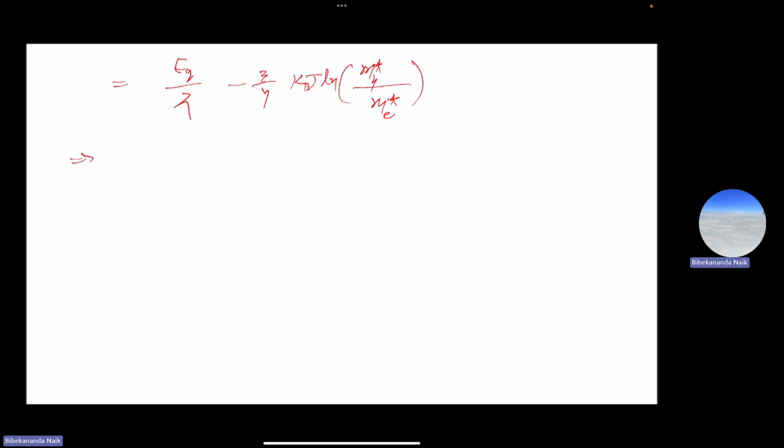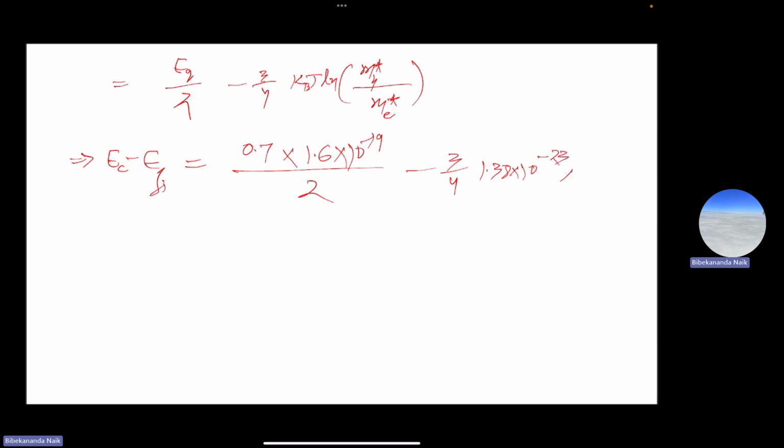So EC minus EFI will be 0.7 electron volt. If you convert it to joule, it will be 1.6 into 10 to the power minus 19 by 2 minus 3 by 4 into 1.38 into 10 to the power minus 23 into T, which is 400 Kelvin, into ln 5. ln 5 will be 1.6.